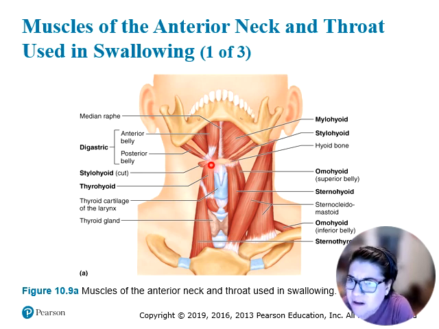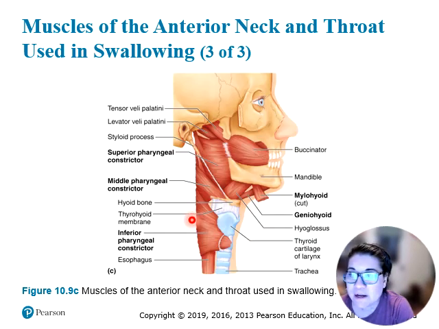It's the only bone that's not connected to other bones by ligaments, but it is connected to other bones through tendons, through muscles. Okay, and then you have your digastric, your stylohyoid is right here, part of it. The thyrohyoid. So all these different muscles here are supporting all these structures.